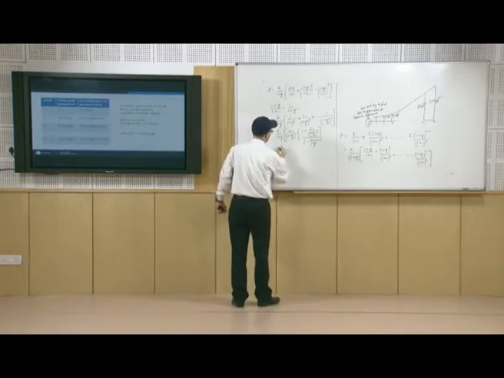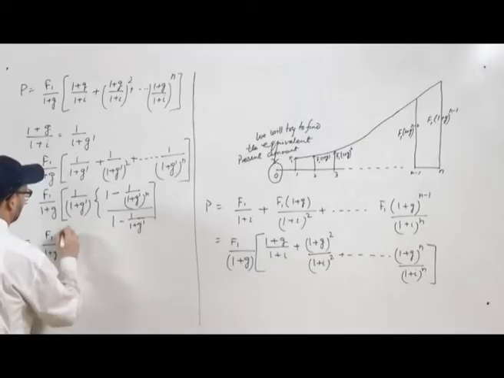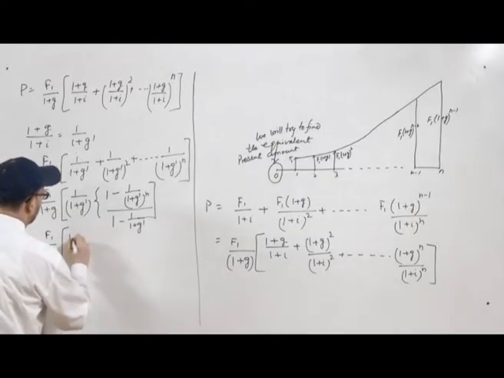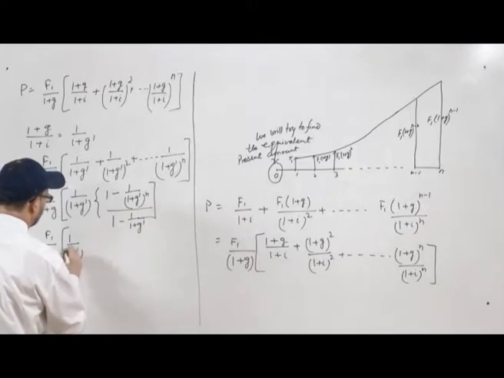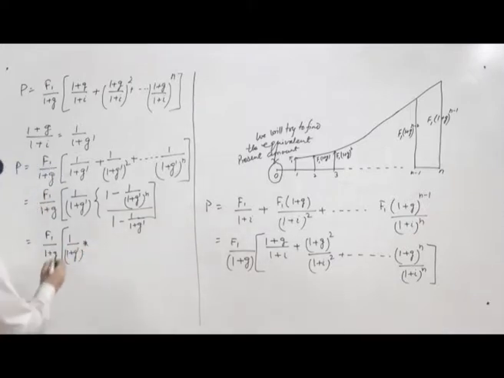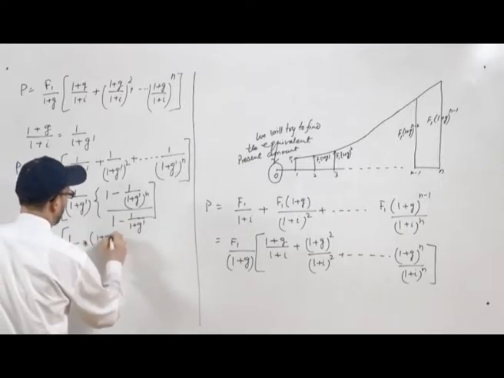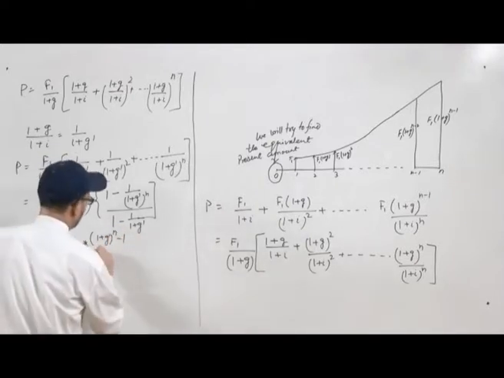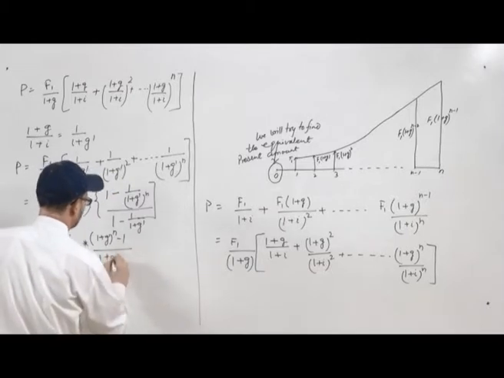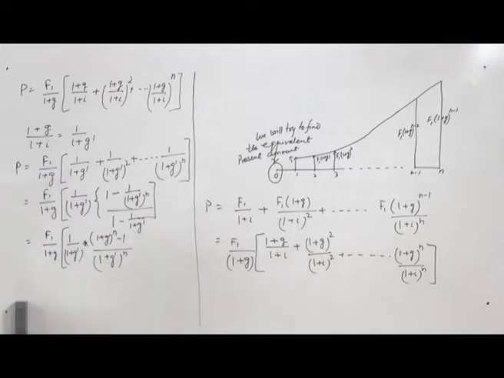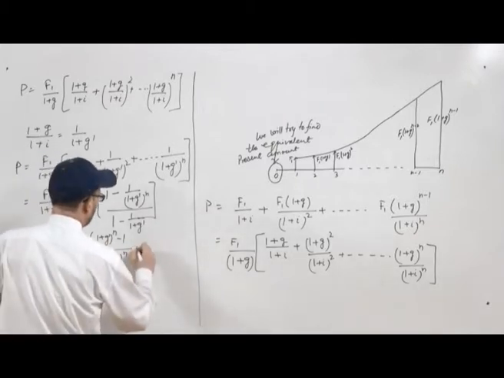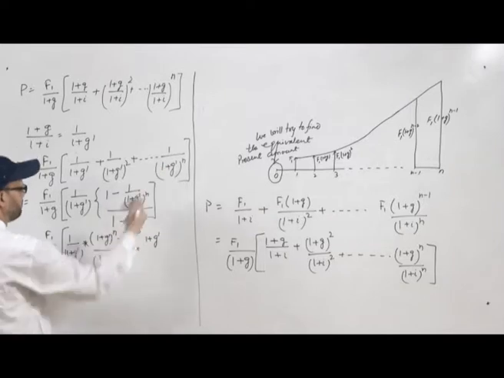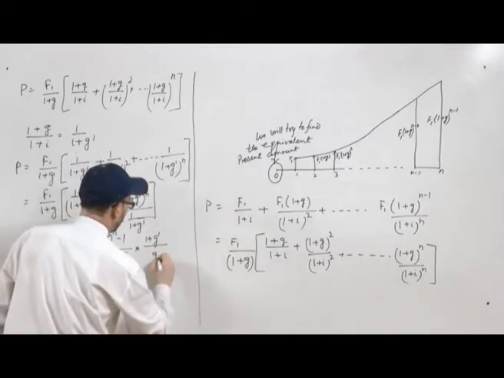This can be written as f1 by 1 plus g, one by 1 plus g prime, into 1 plus g prime to the power n minus 1 by 1 plus g prime to the power n, multiplied by 1 plus g prime, this term will go up, and divided by g prime.